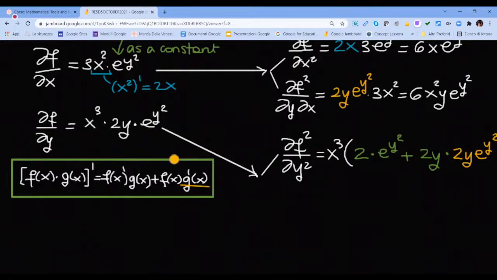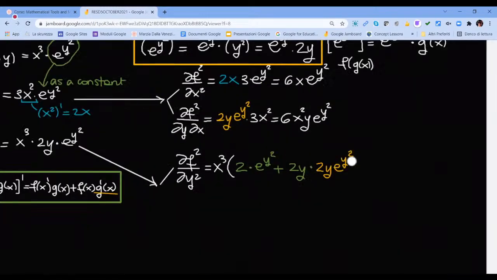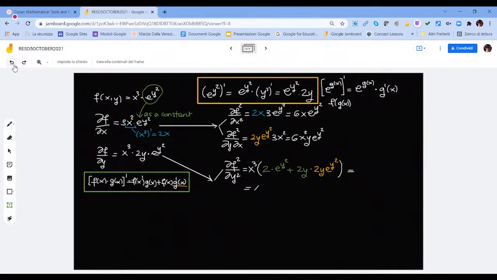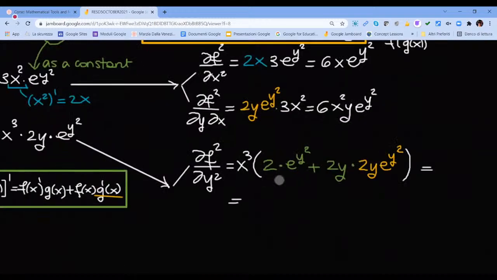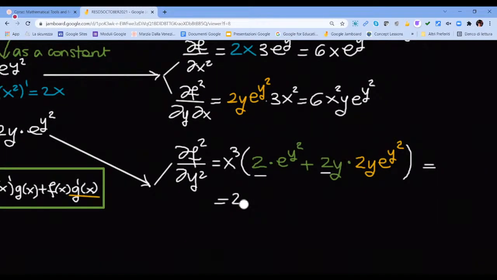This is this one. So we do a couple of further computations in order to write it as compact as possible. So we can write x cubed, of course. We have a 2 factor that we can put outside, because we have 2 there and there. We don't need to multiply 2 by 2 to get 4, because it's better to take out everything that is the same factor.